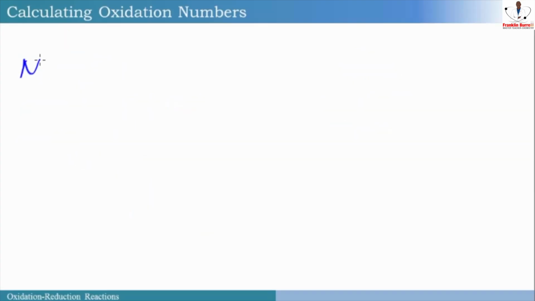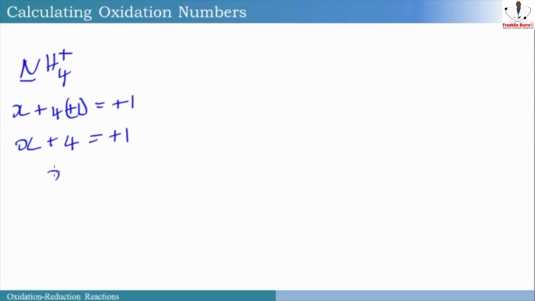In NH4+, we know that the sum of the elements in the radical equals the charge on the ion. So we want to find N. So X plus 4 times +1 equals +1. So X plus 4 equals +1. So X equals +1 minus 4. And so X here is equal to -3.